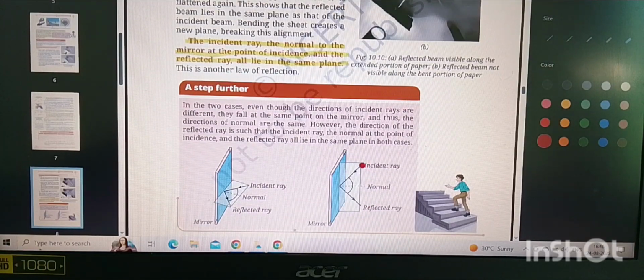This is the incident ray, this is the reflected ray, and this is the normal. All these three lie on the same plane. That is the second law of reflection. These two points you have to understand: the angle of incidence is equal to the angle of reflection, and the incident ray, reflected ray, and normal all lie in the same plane.